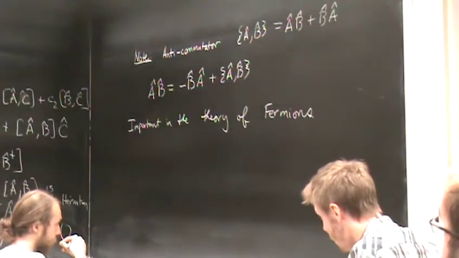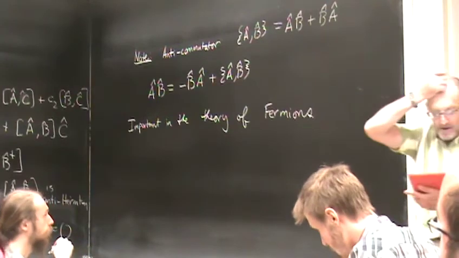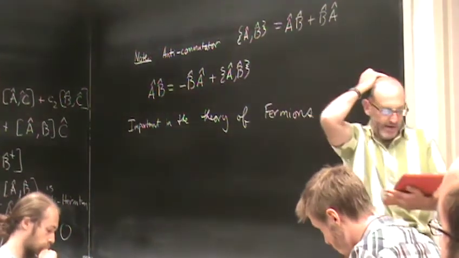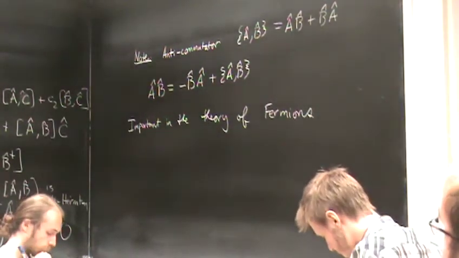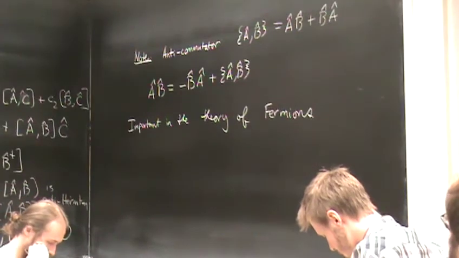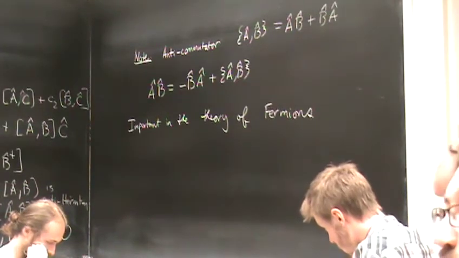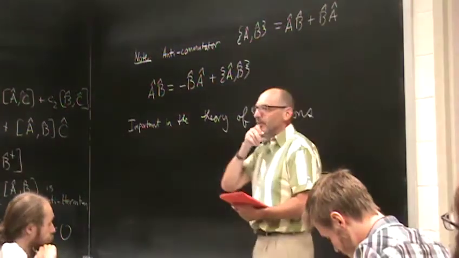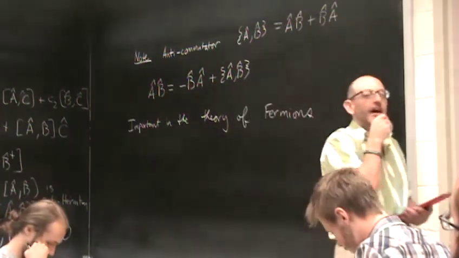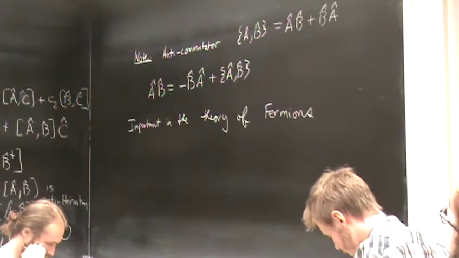All right, very good. So let's go back to our example over here about Pauli operators. And let's look at the commutation relations and anti-commutation relations of the Pauli operators.